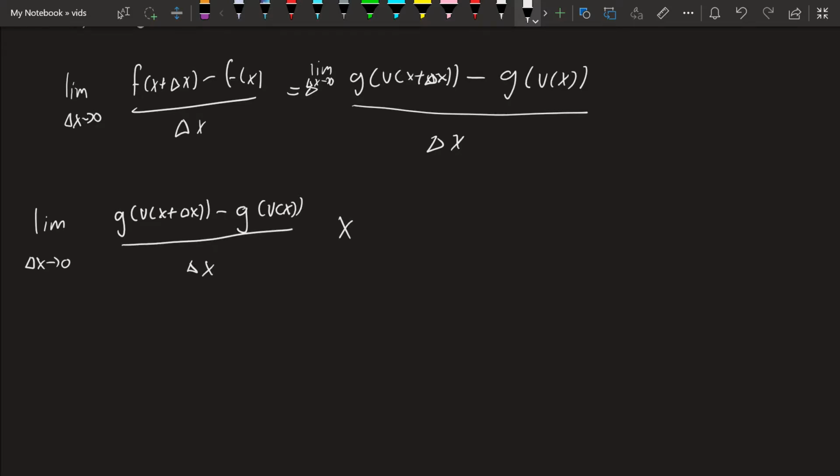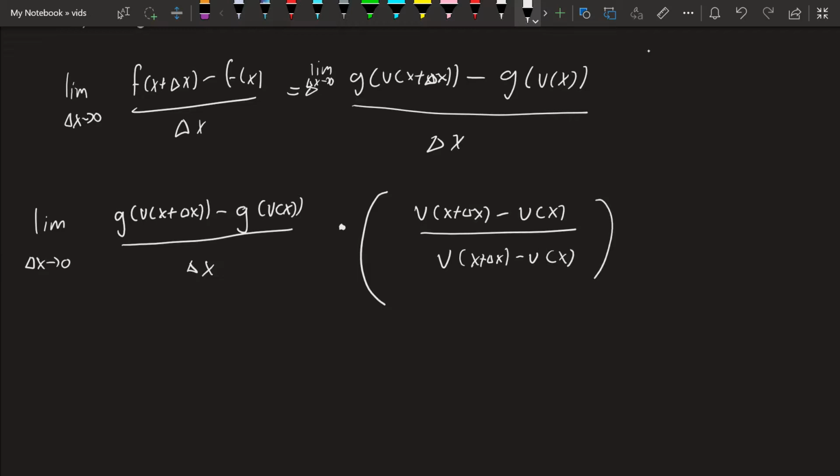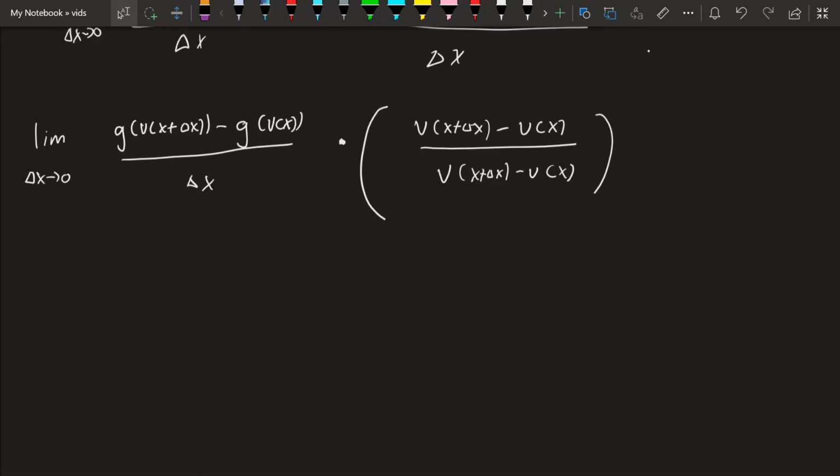And what if we multiplied it by, or actually let me use a dot because I don't want to get you confused. What if we multiplied it by, open brackets, v of x plus delta x minus v of x over v of x plus delta x minus v of x. It's like I multiplied by 1, because here the numerator and denominator are the same. They cancel out. But again, this just allows us to manipulate. So let's multiply and let's see what happens.